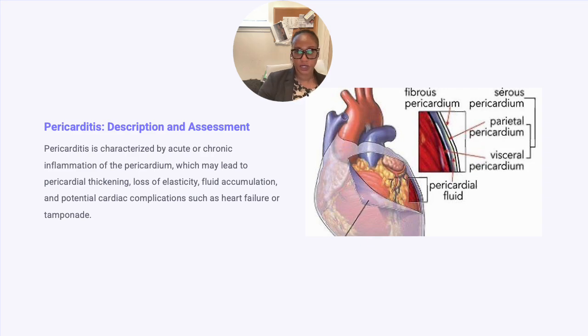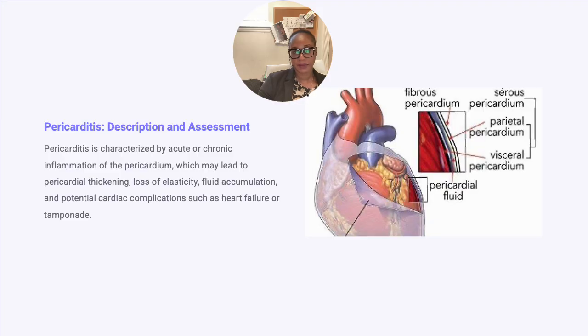Pericardial friction rub, a scratching high-pitched sound, is audible on auscultation and is produced by rubbing of the inflamed pericardial layers. Fever and chills, fatigue and malaise, elevated white blood cell count, electrocardiographic changes with acute pericarditis.